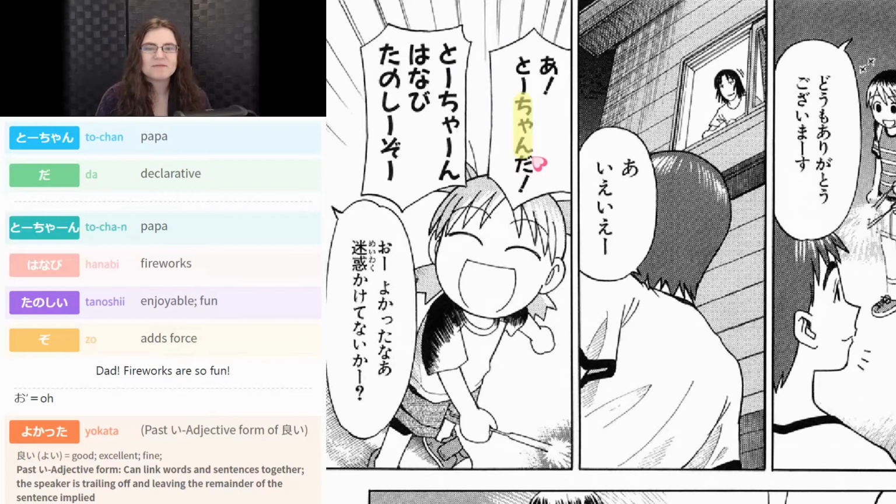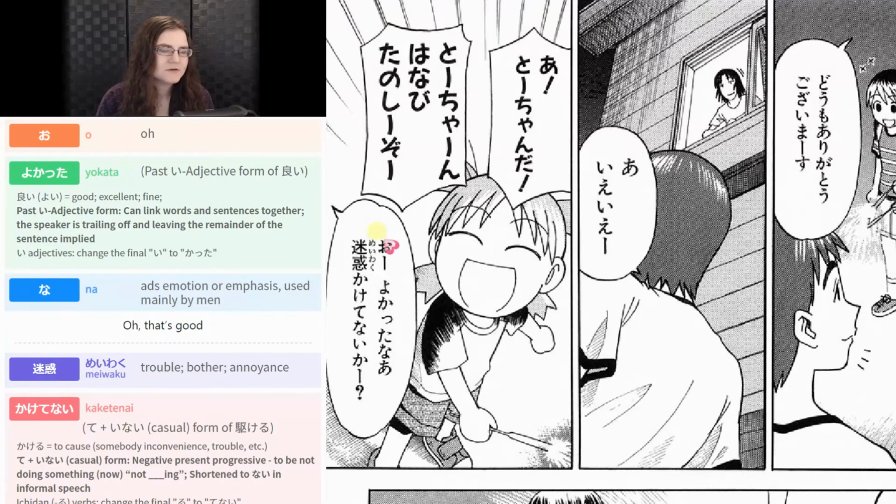So this is just a lot more casual, familiar way of saying otou-san. So like instead of father, it's more like papa. Then da is declarative, just like, there he is, it's dad. And then To-chan again. Hanabi are fireworks, and then tanoshi is fun, and zo is adding force and emphasis. So it's like, hanabi are so fun.